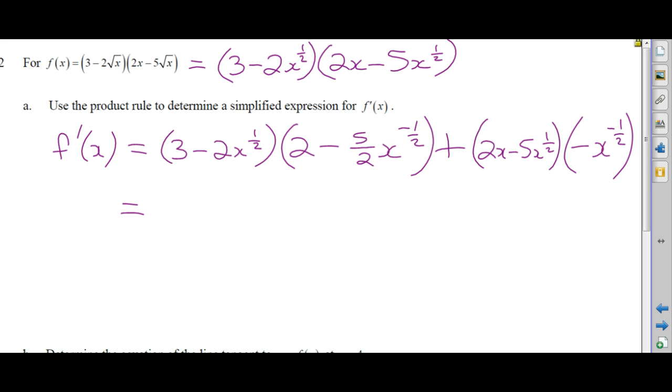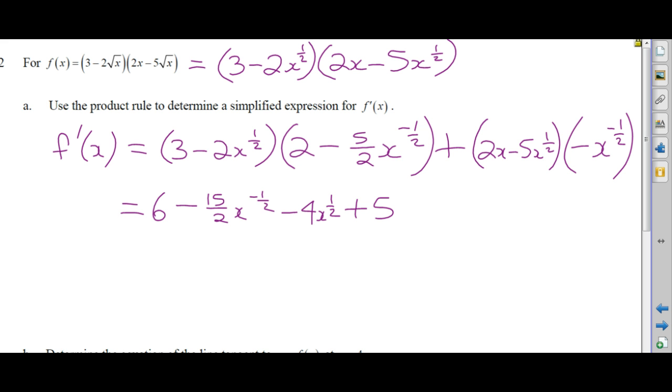Okay, so let's multiply this out. 3 times 2 is 6. Minus 15/2 x to the negative 1/2, minus 4x to the 1/2, plus 5. Just plus 5, right?